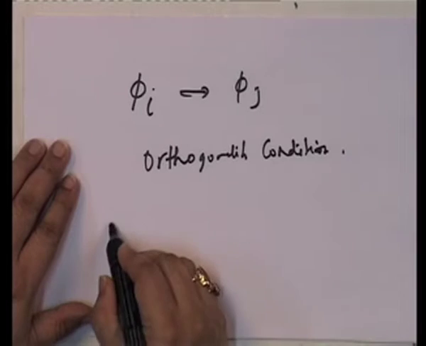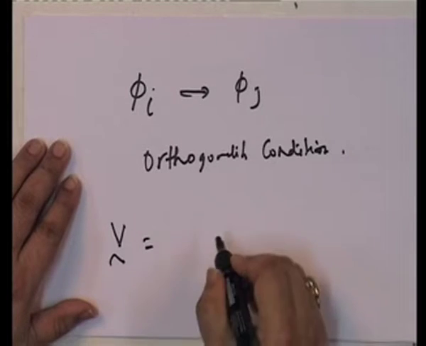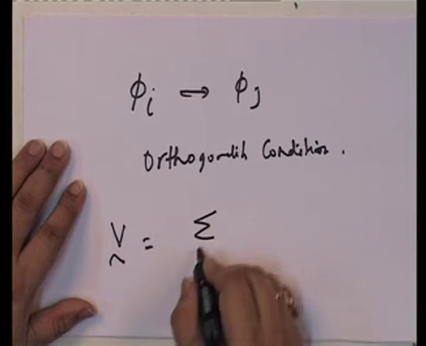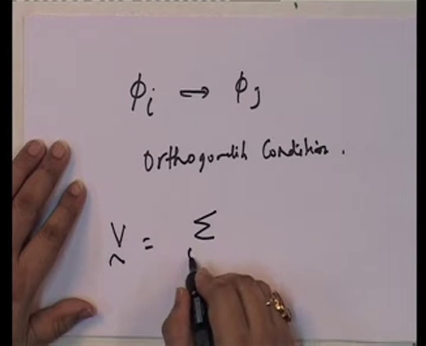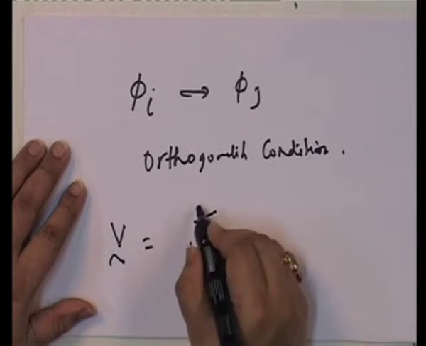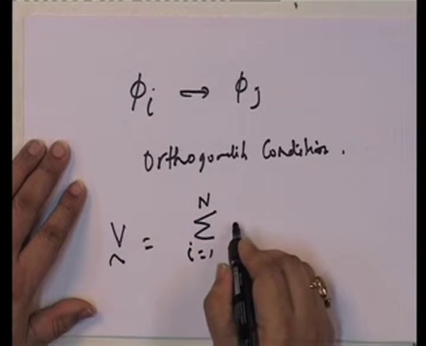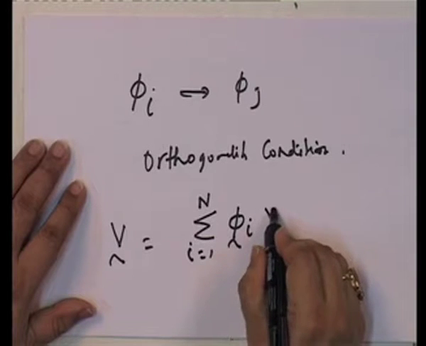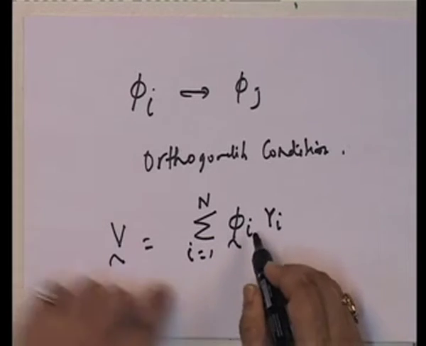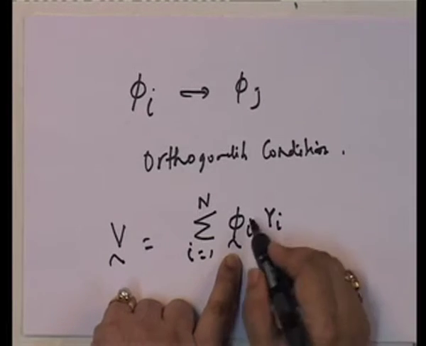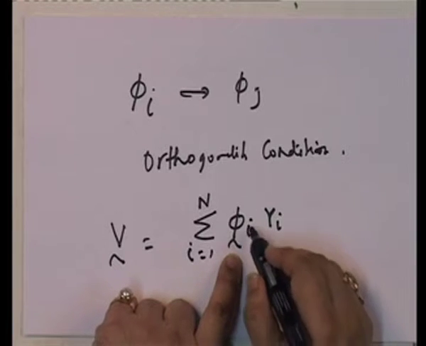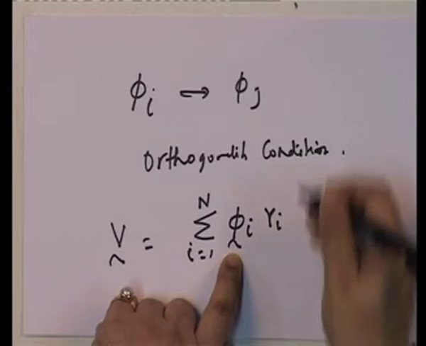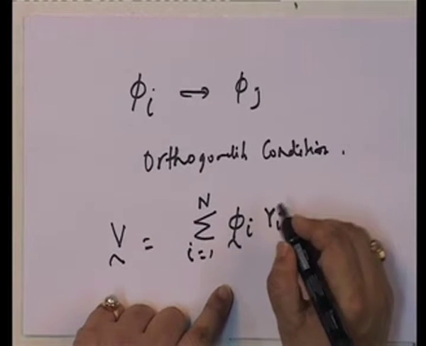Okay. So, therefore, I can represent the displacement just like I represented it before, in this fashion: summation i going from 1 to n of phi i into y i. What does the phi i represent? Well, it represents a direction in the n dimensional space, which is orthogonal with respect to every other direction.